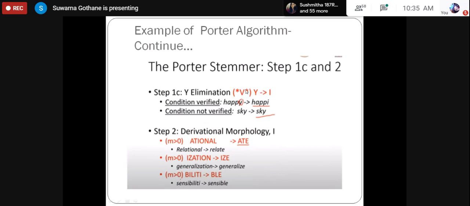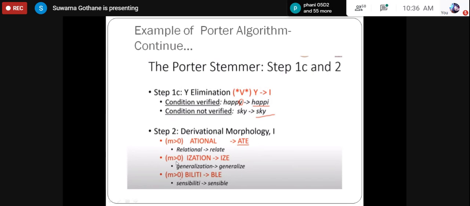If it is having a vowel, then we can replace it with I, Y becomes I, but at certain stages this condition fails. Again in step 2, if M is greater than 0, then if the particular word has ATIONAL, we can make it ATE. So relational becomes relate. If this combination ATIONAL appears, it becomes ATE.